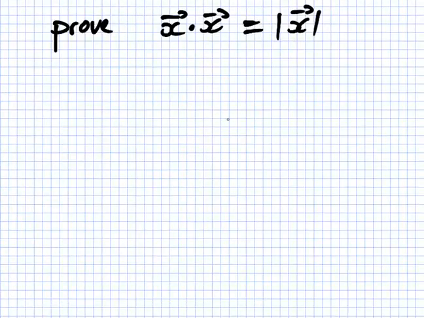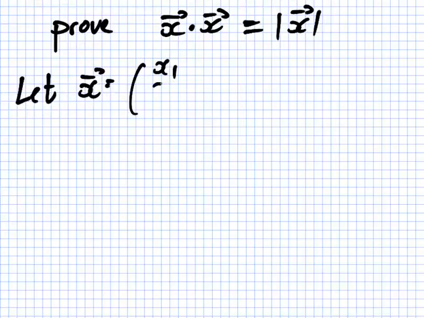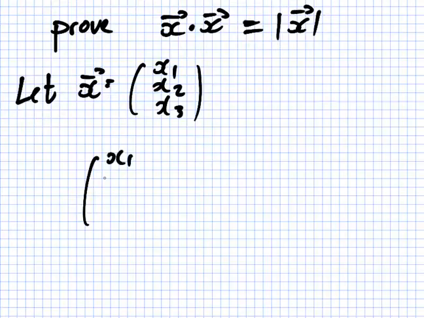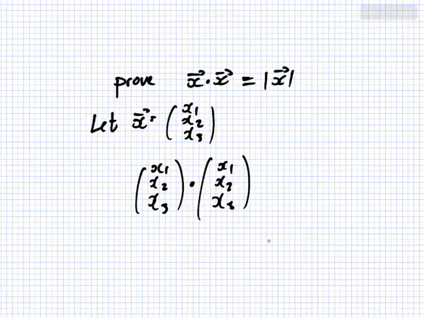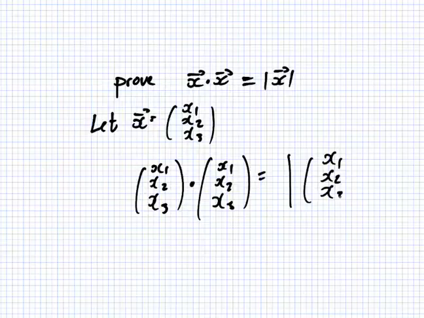So I said these proofs come in 2 forms. The first way you can prove something is by replacing the vector with something general, like, for example, let x equal (x1, x2, x3). So then this becomes (x1, x2, x3) dot (x1, x2, x3) equals magnitude of (x1, x2, x3) squared.